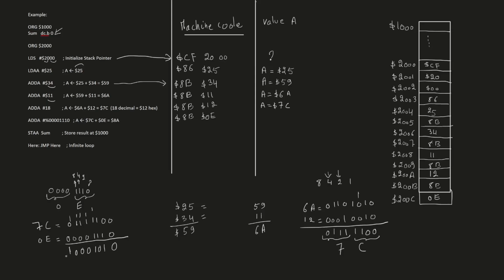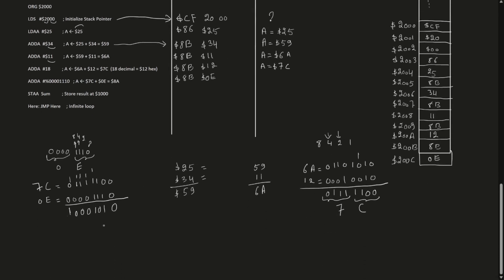So now we can convert to hexadecimal. From these 4 bits to the left, we get 8. And then here we have 8 plus 2 is 10, which is letter A in hexadecimal. So after this instruction is executed, A will be 8A in hexadecimal.